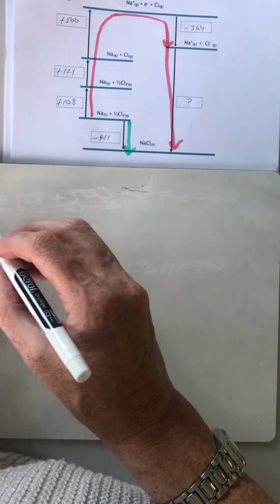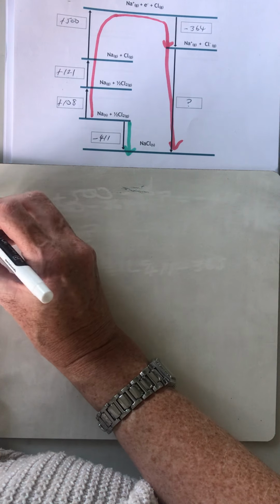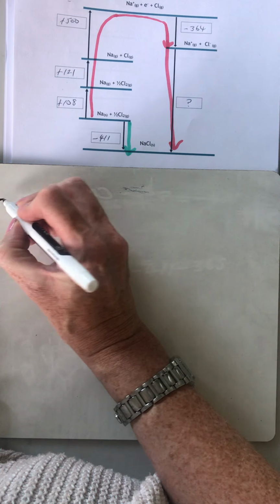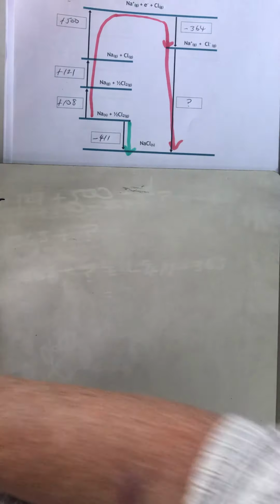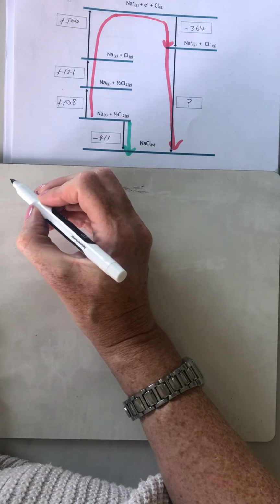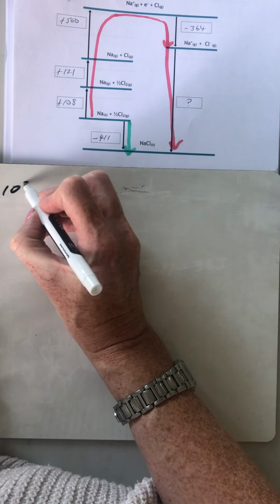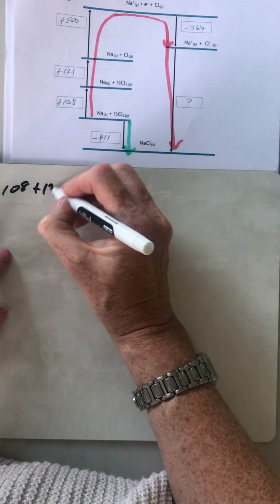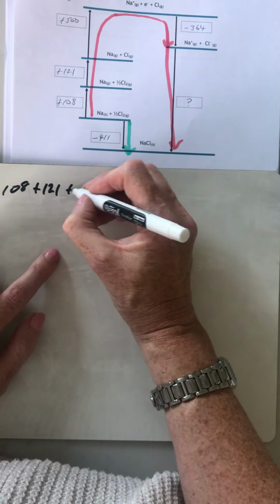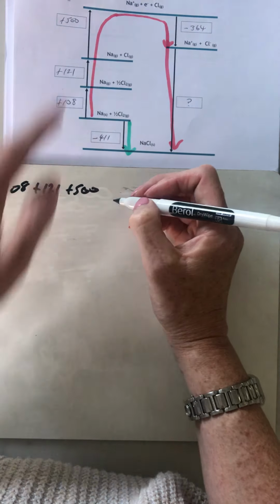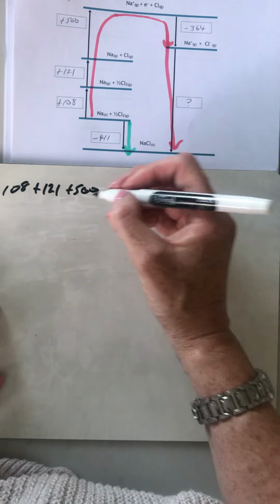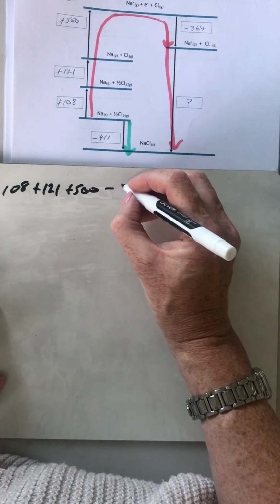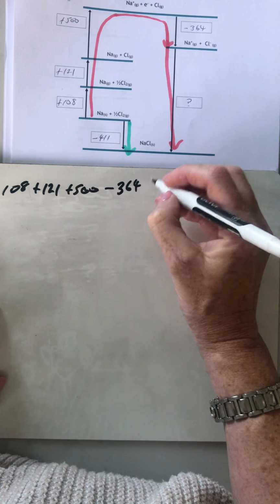So you can see the red route, route A, you have plus 108. Sorry, that's slightly off the camera, isn't it? There we go, plus 108. You have your plus 121. Plus 500, and then this one here is a minus, so it's plus minus, so it's just minus 364.